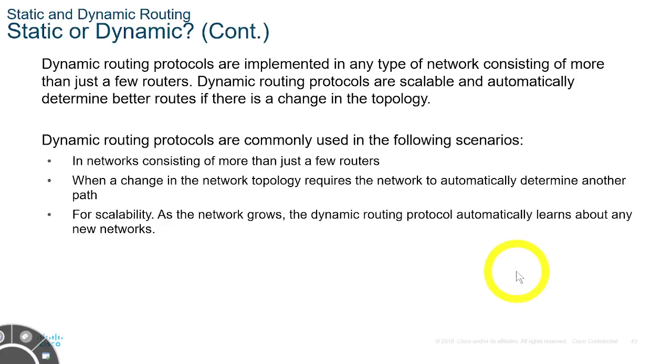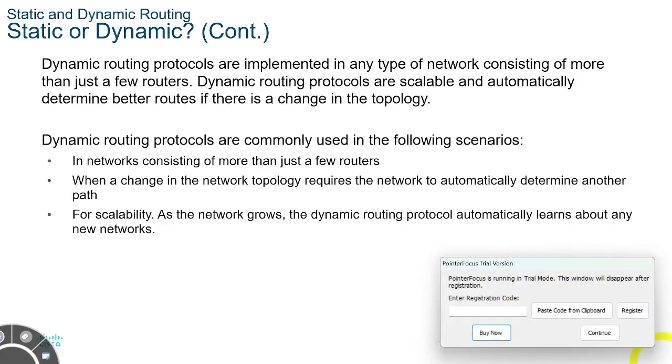However, for dynamic routing used in large networks, no. If one router goes down, the dynamic routing protocol will transmit this information to its neighbors in order to re-update their routing tables to take this change into account.